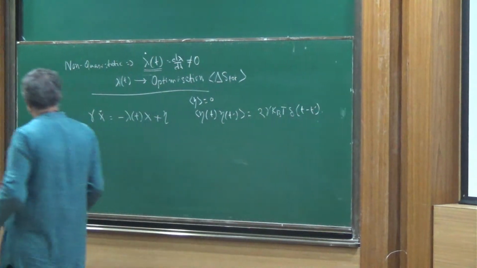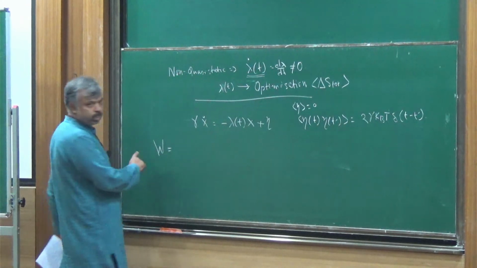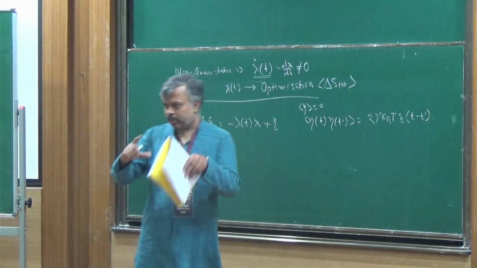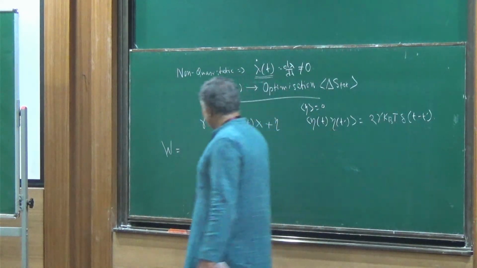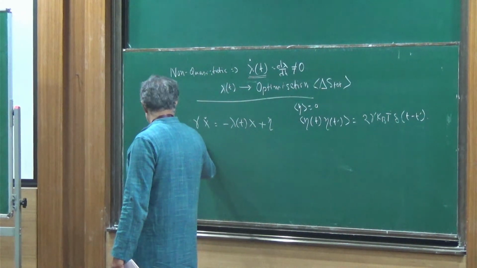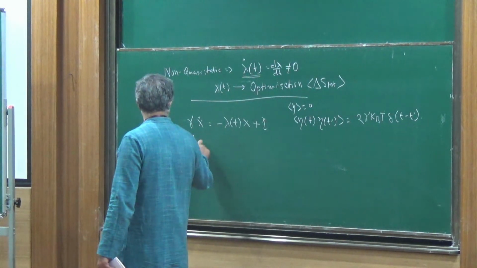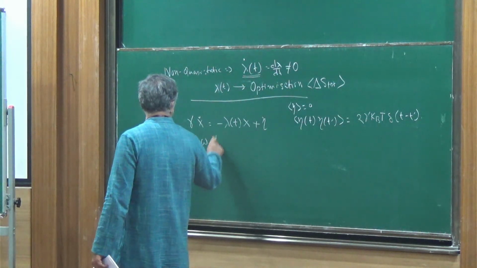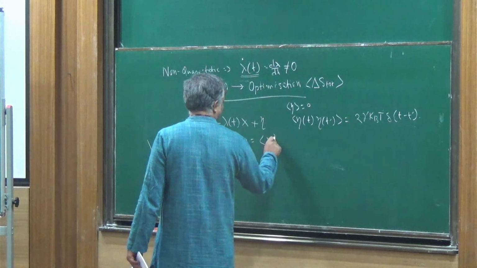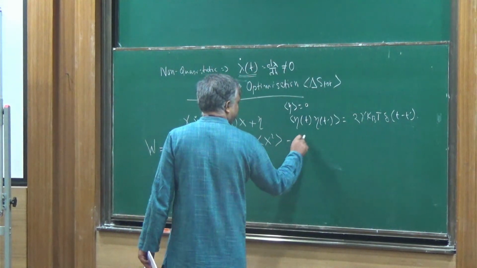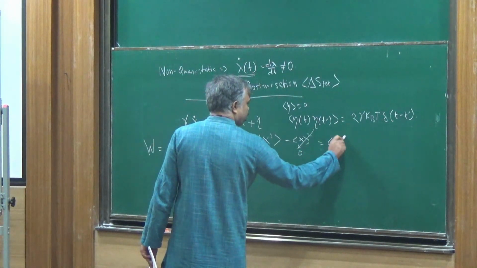And we know the average work W. I'm not using the bracket symbol anymore; everything is averaged. It is like half lambda dot omega dt, where omega is x square average, x bar square.